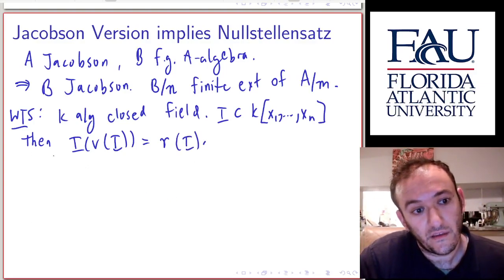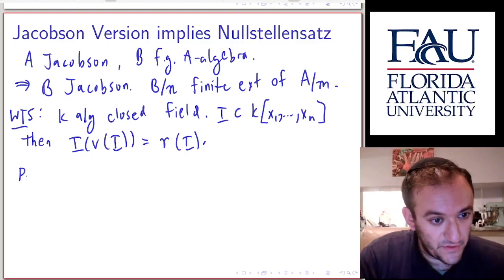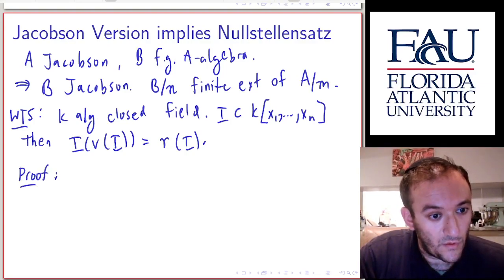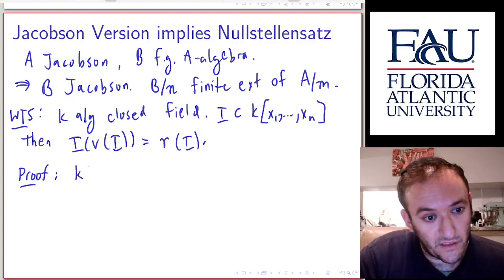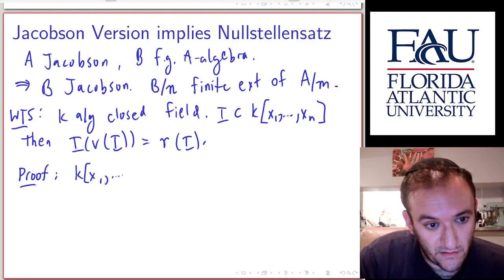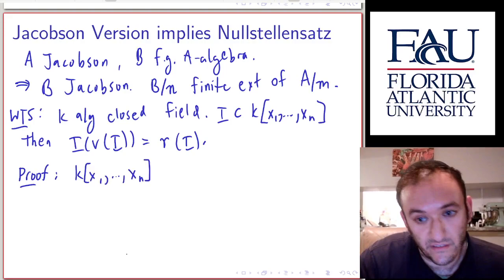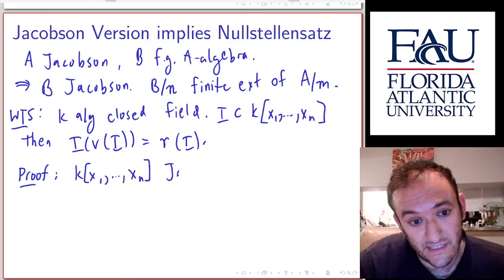Okay, well, so the proof is as follows. First of all, K adjoin x1 through xn. Because K is a field, which means it's Jacobson, so is this. This is Jacobson.